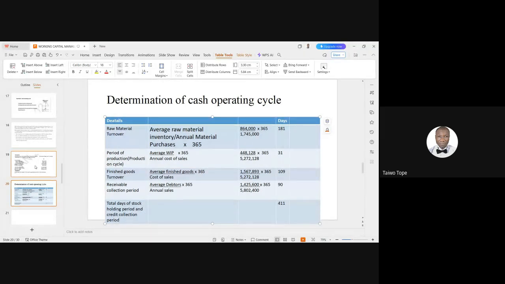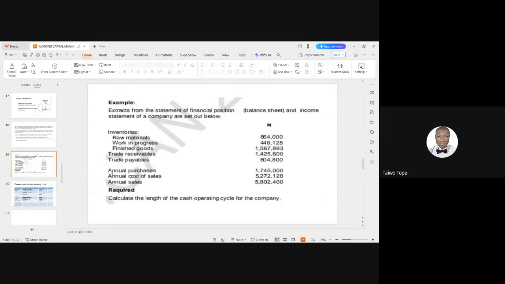Now, what else are we to look out for? The trade payables. And this will be what? Your credit period from suppliers, or your average creditors payment period.